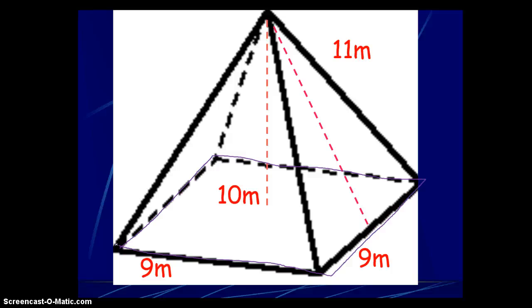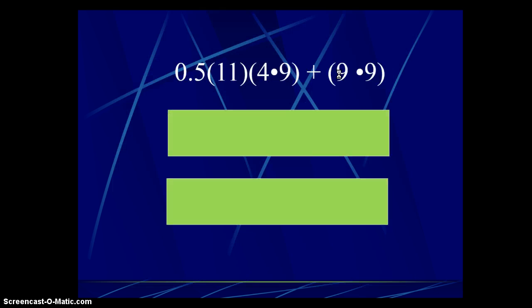And then you're going to find the area for that square at the bottom. And which of these is our slant height, 10 meters or 11 meters? 11 meters. The height of that triangle when it's been slanted inward to meet at that point at the top. So these are your plugins for your formula. Again, 0.5, that's that 1/2.